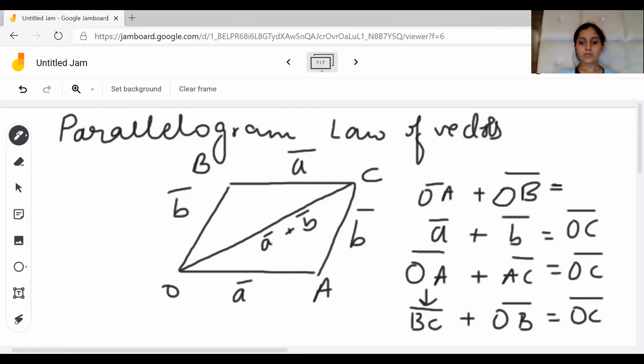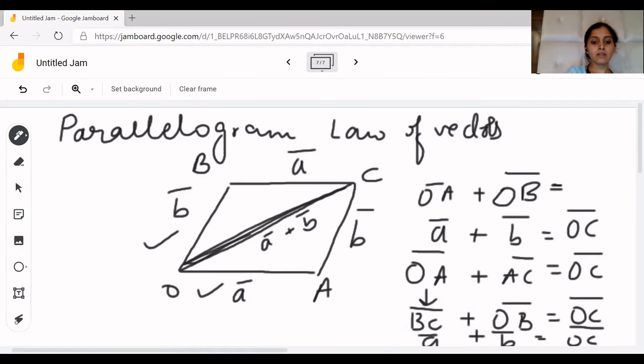So we can also write this as a bar plus b bar is equal to OC bar. Basically, by the triangle law of vectors, what you can say is adjacent sides, this one and this one, are equal to the diagonal. That is the parallelogram law of vectors using the triangle law of vectors.